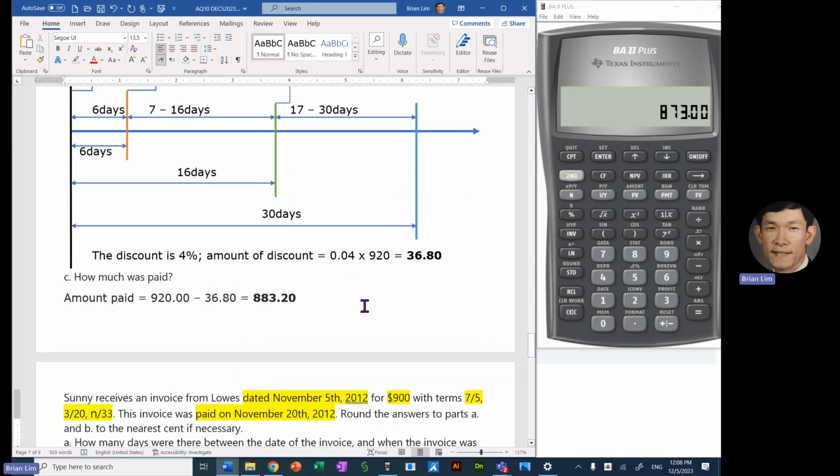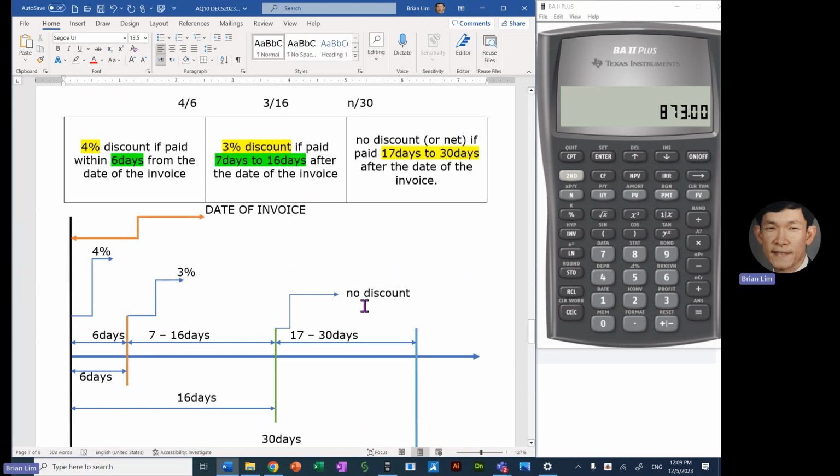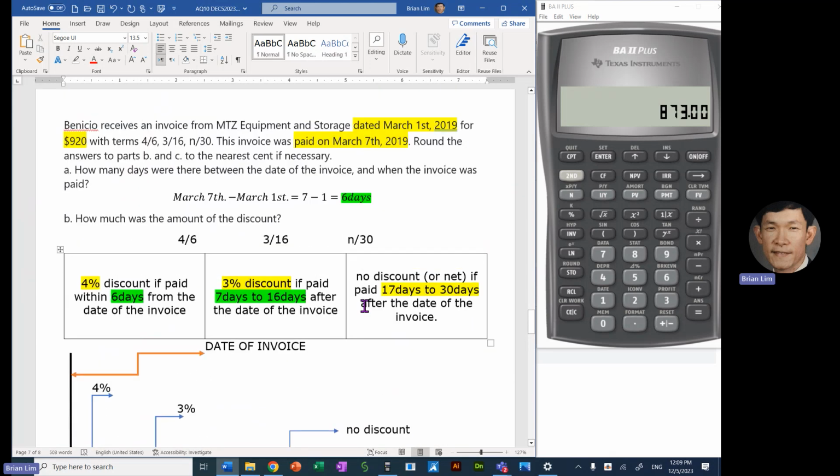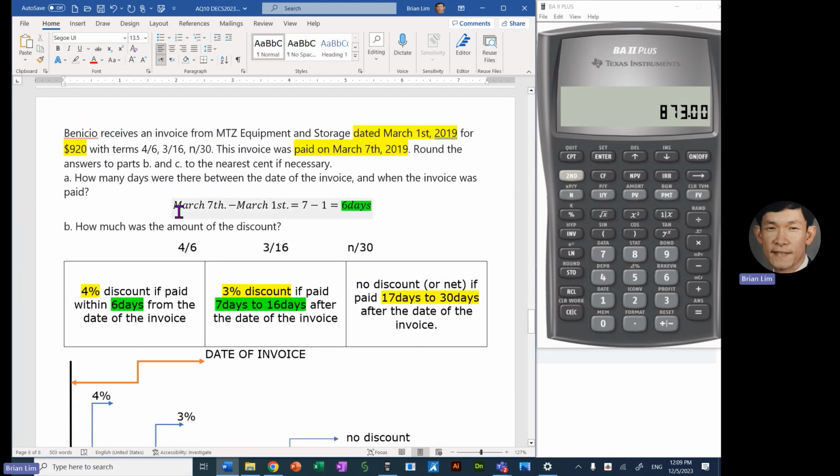And then at the very beginning, there was one that got the maximum discount. In this case, it was paid within the 6 days. So the terms right here made the payment eligible to receive the 4% because it was paid within 6 days.